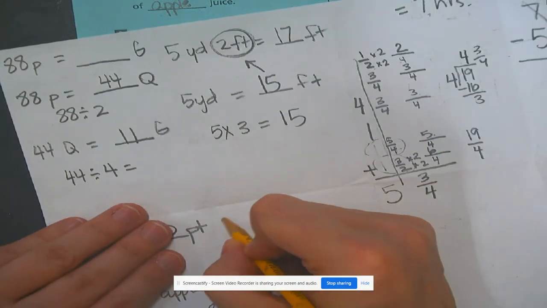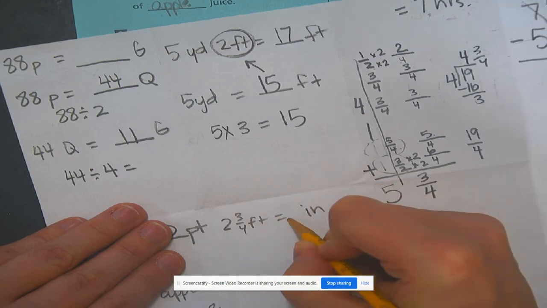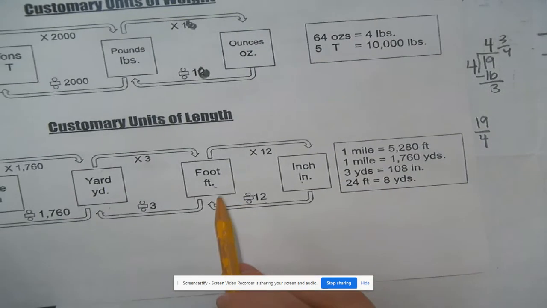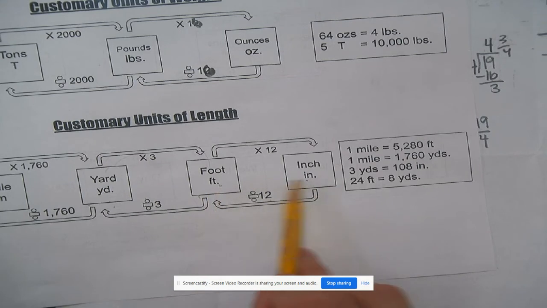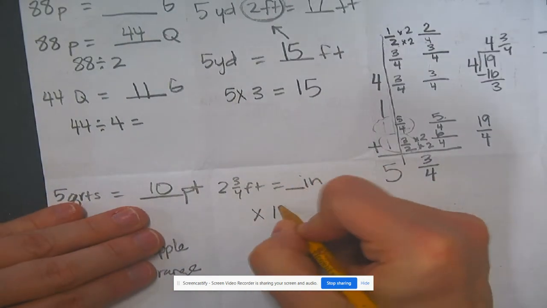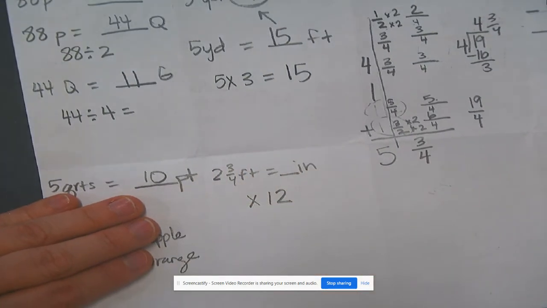Perfect. Okay, 2 3/4 feet equals how many inches? Okay, how do I go from feet to inches? Times 12. So I'm going to be multiplying by 12. Now I'm leaving this blank right now because why?